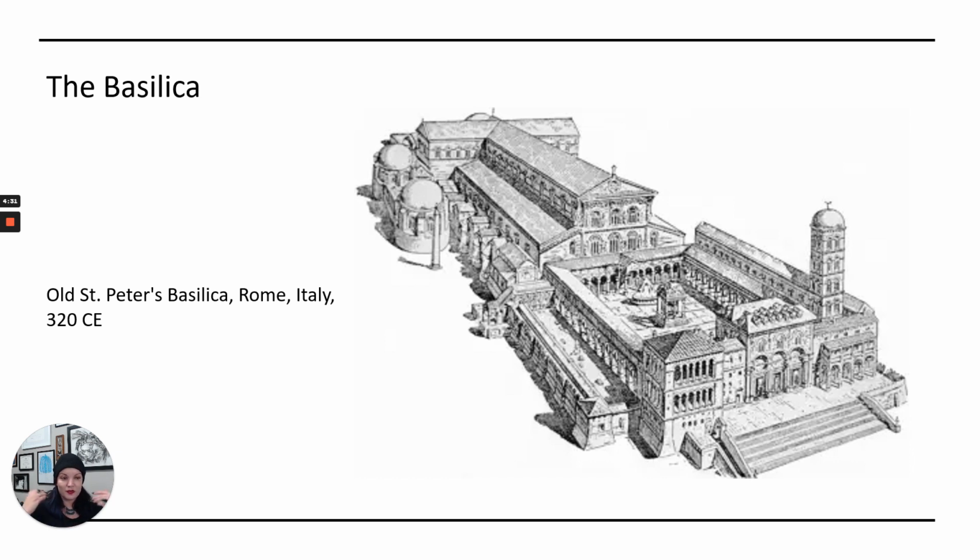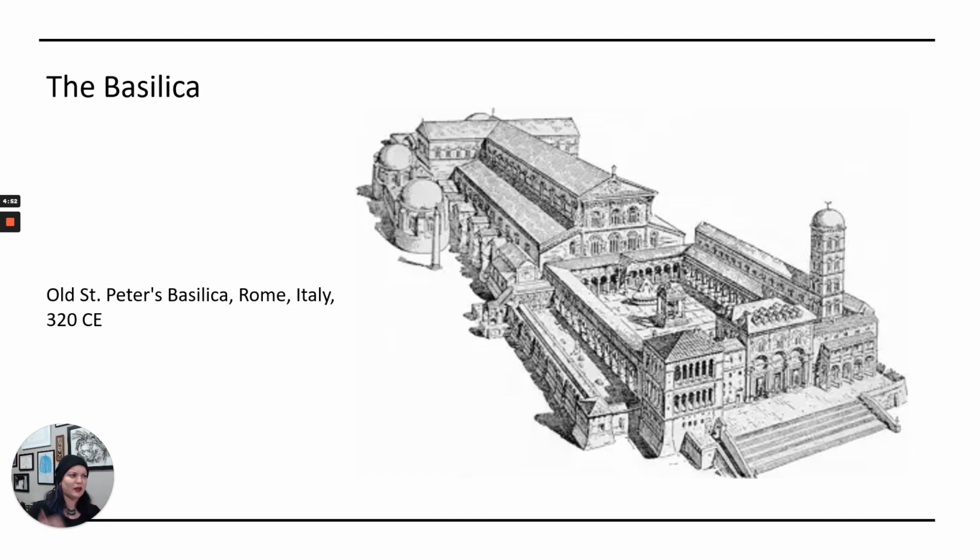So Christianity is now a legal religion in the Roman Empire. He's also the patron of the first church, which is St. Peter's. Now this is called Old St. Peter's, and it's an illustration, not a photograph, because the current St. Peter's was built on top of it.